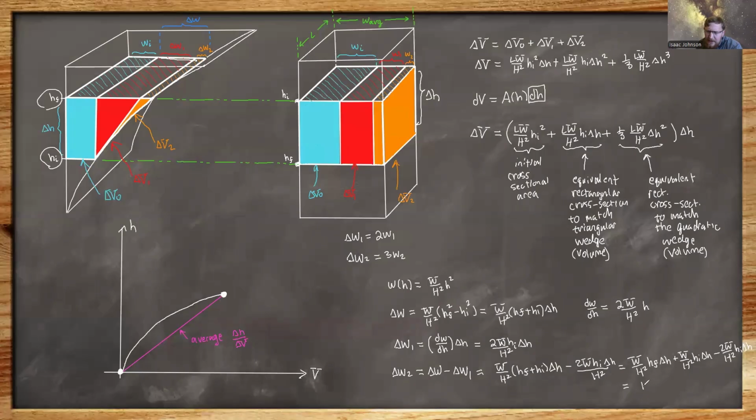Width over height squared H final delta H minus width over height squared H initial delta H. And then we can factor out the constants. And that gives us width over height squared delta H times H final minus H initial.